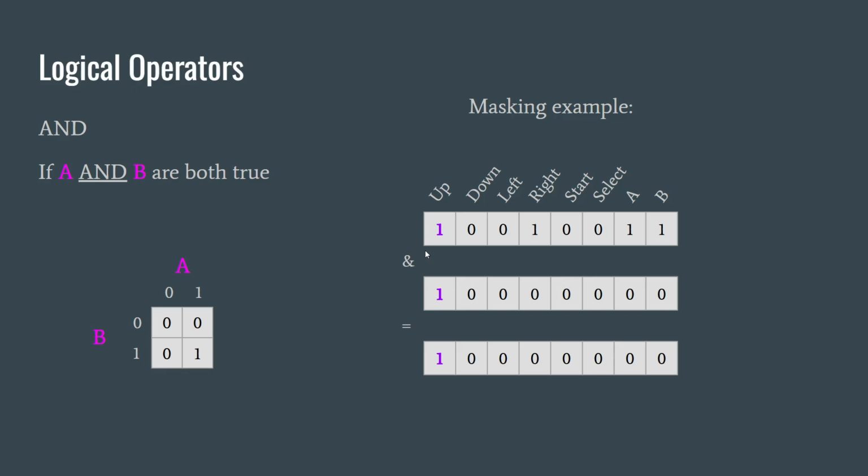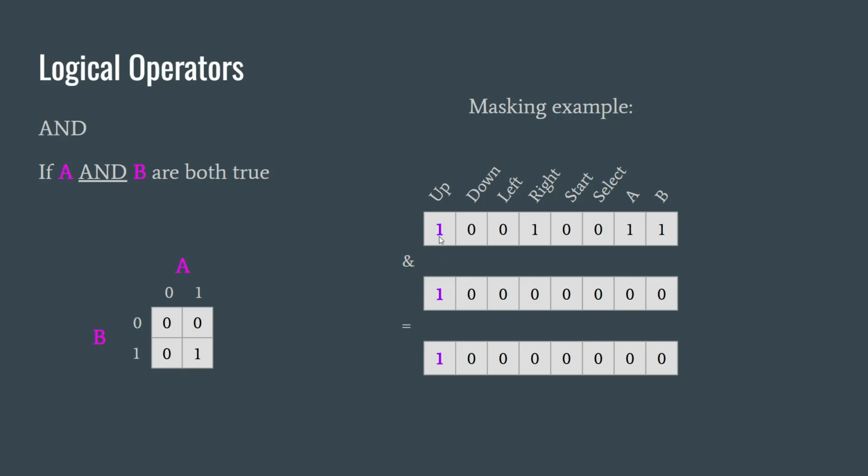So what we can do is take this register and AND it with a 1 in the position that we want to check. And the result will have a 1 or a 0 in that same bit position. If up was 1, then the result would be 1.